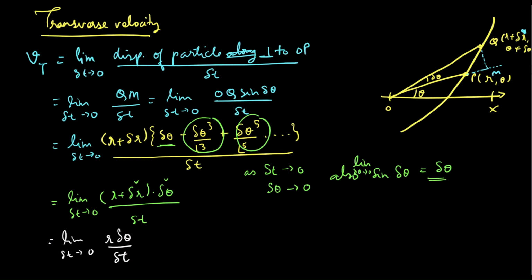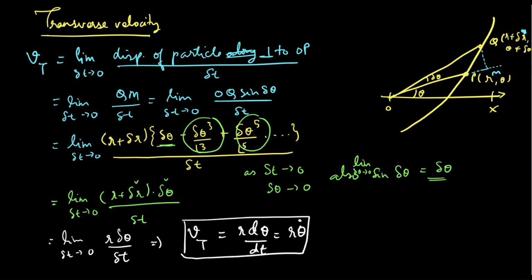So we will not write it here, and this is what we obtain in the end. So it implies transverse velocity can be given by r d theta over dt. We can also write it as r theta dot.